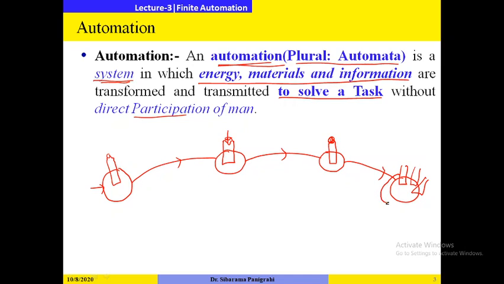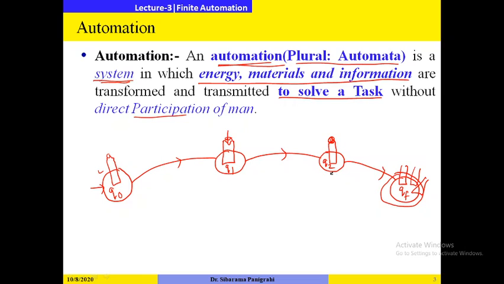Usually the final state is represented by a double circle, the initial state is represented by a circle pointed to by an arrow, and the other states are represented normally by a circle. This is the initial state, we can name it q0, this one q1, this one q2, we can give any name. This one is qf, the final state.